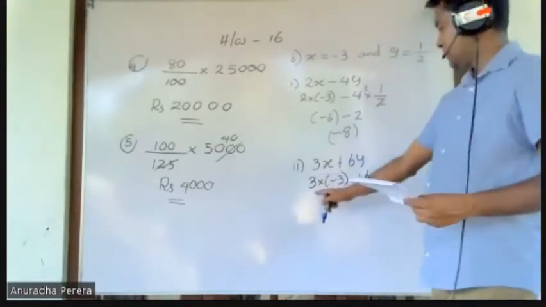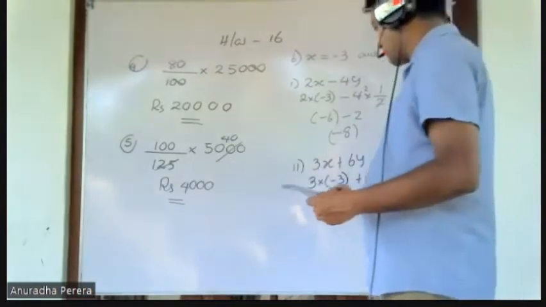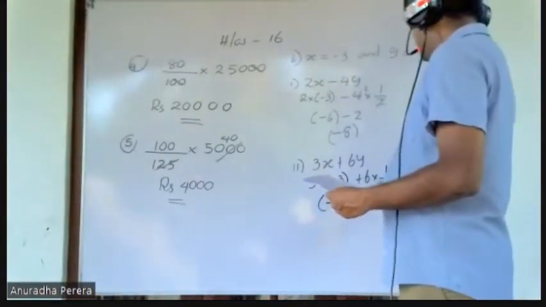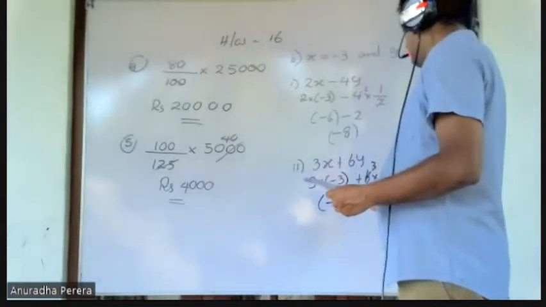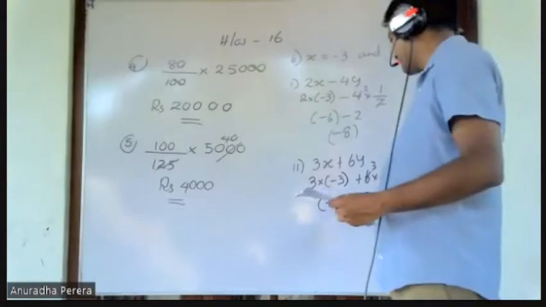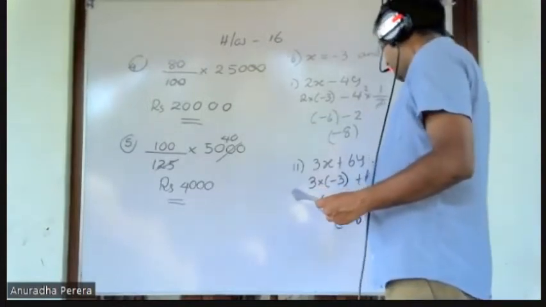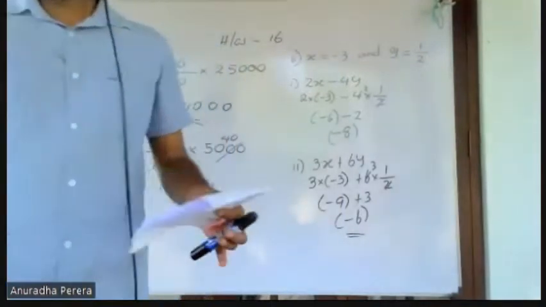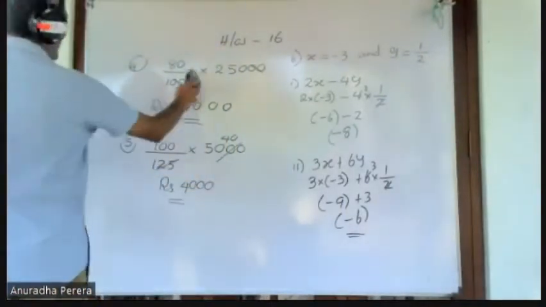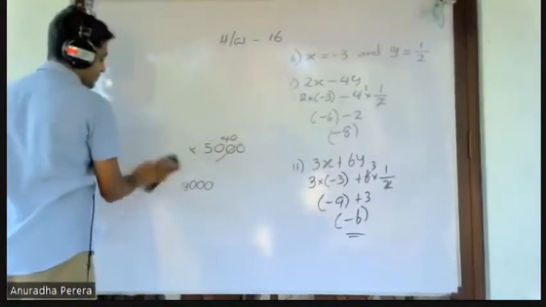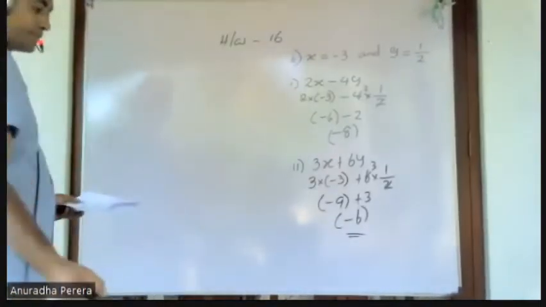The value: 3 into -3, -9. Then what is this? +3. -9 plus 3 means what is the final answer? -6. Yes, -6. When adding two values with different signs, without considering the sign, subtract the small value from the large one, and write the larger value's sign as the answer sign.